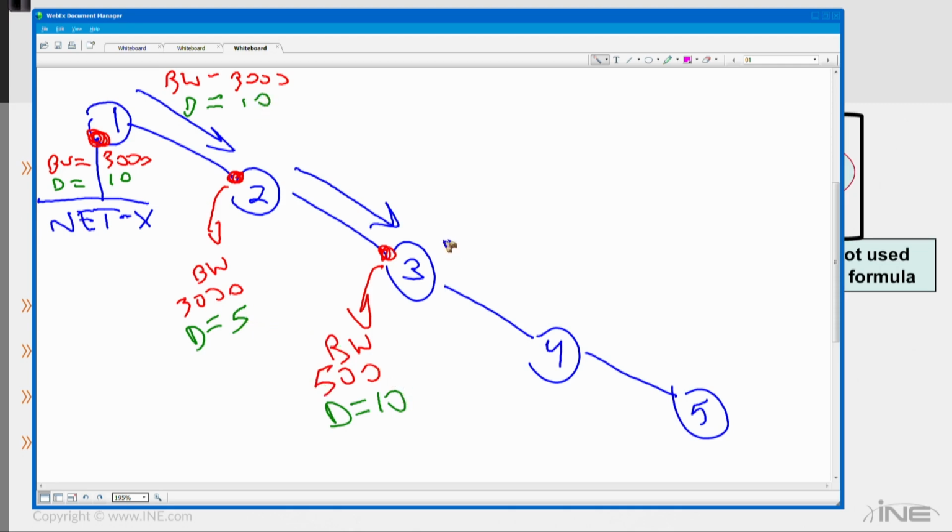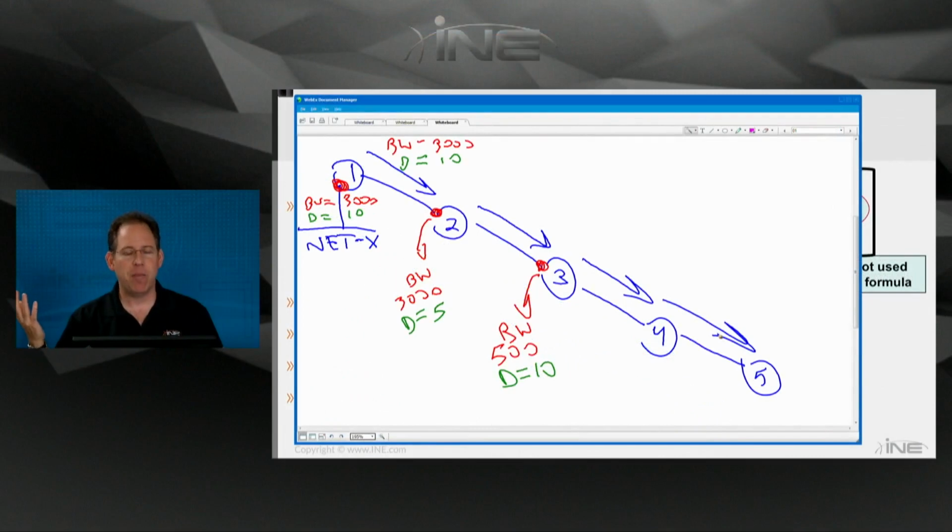And that's what happens as we go along on each path. Each router is going to say, okay, what bandwidth is my neighbor telling me about? Is my bandwidth leading to him lower than what he's telling me? Because if it's lower, I'm going to swap his number with my lower number. Because all I care about is the slowest bandwidth along the path, not the fastest bandwidth, the slowest bandwidth.